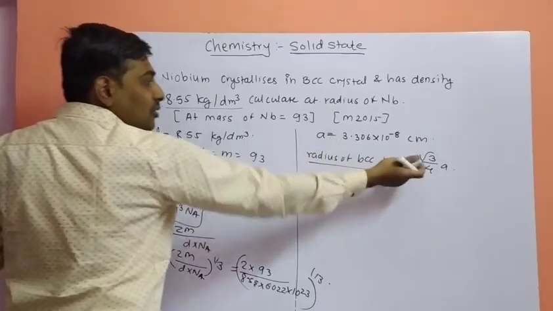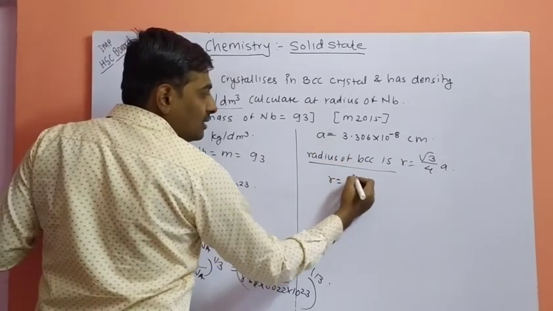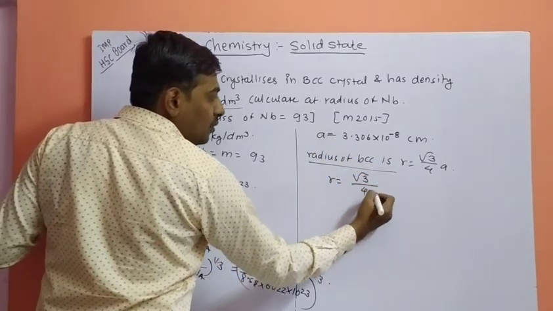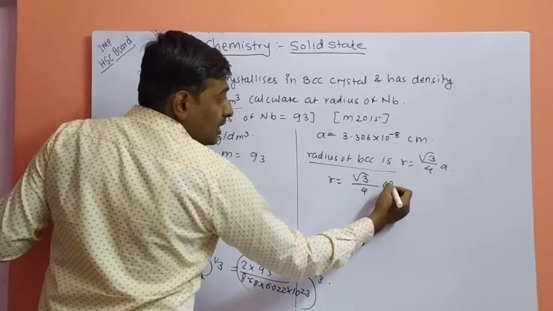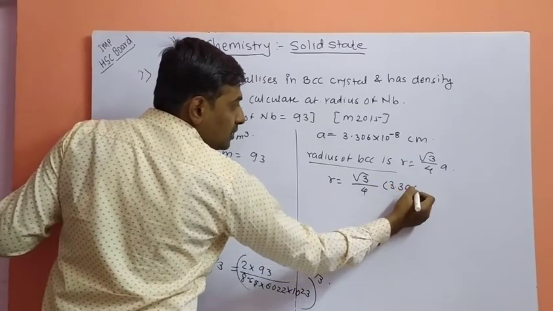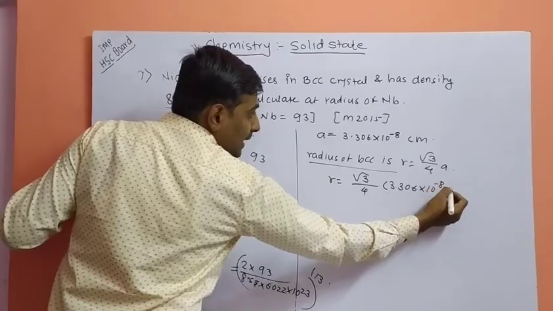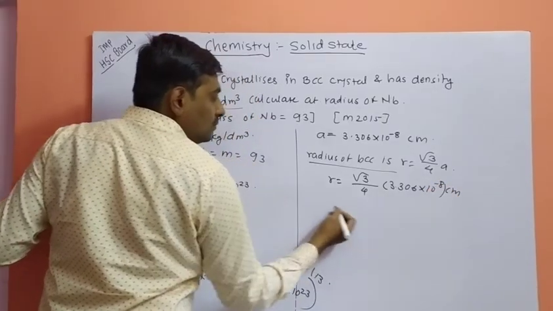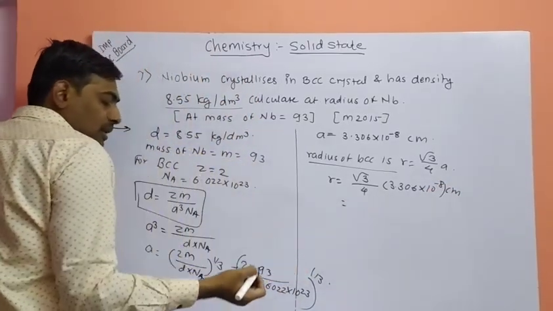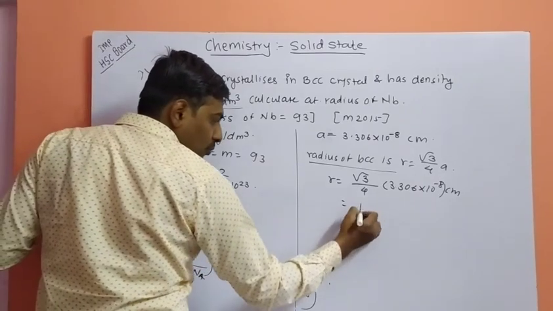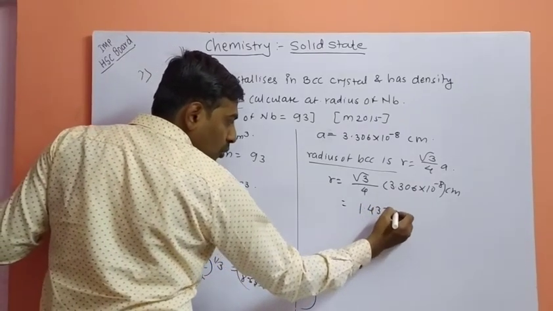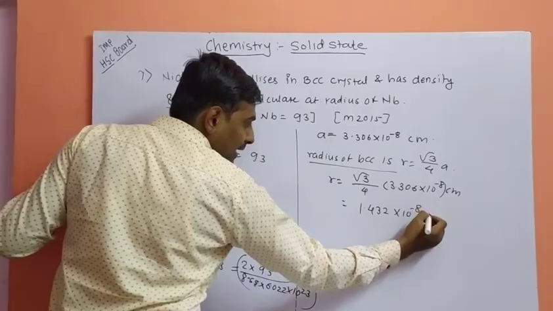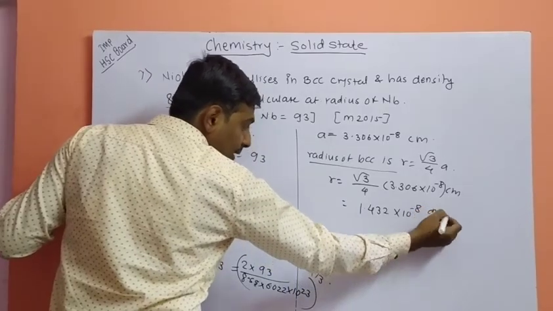So substitute the value in this equation. R is equal to root 3 by 4 into 3.306 into 10 raised to minus 8 centimeter. Calculate this and you get 1.432 into 10 raised to minus 8 centimeter.